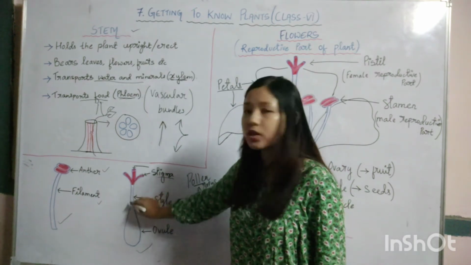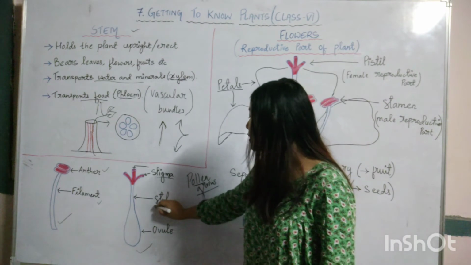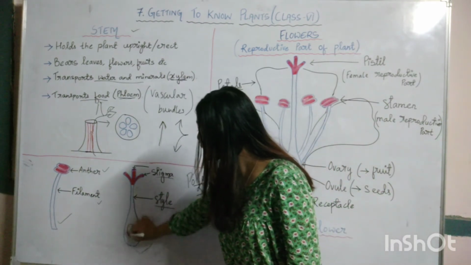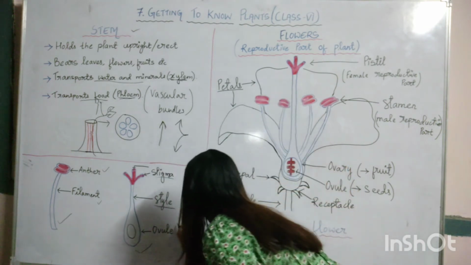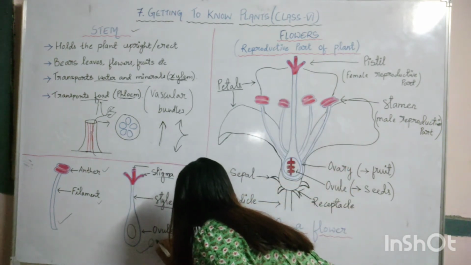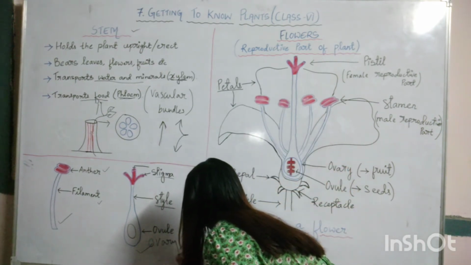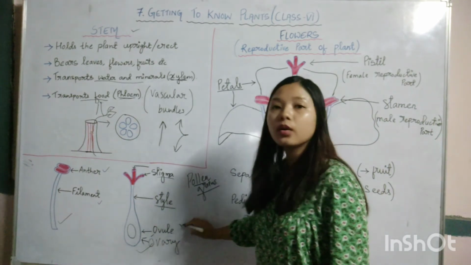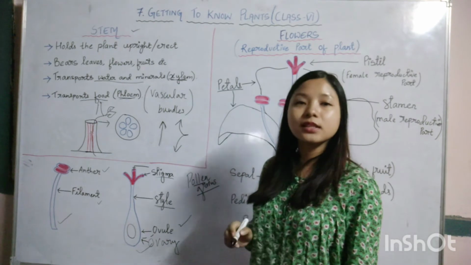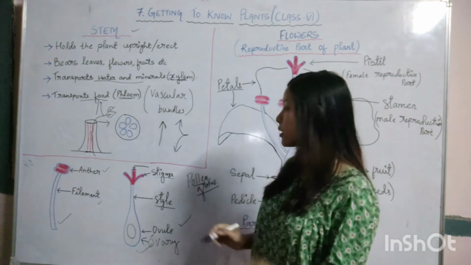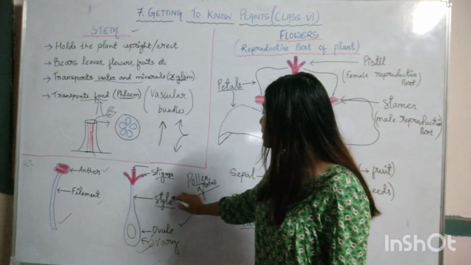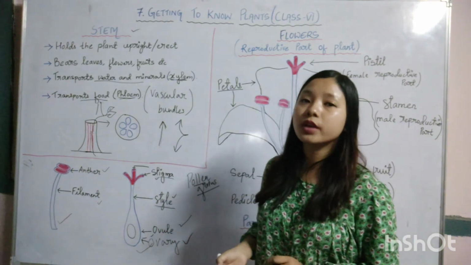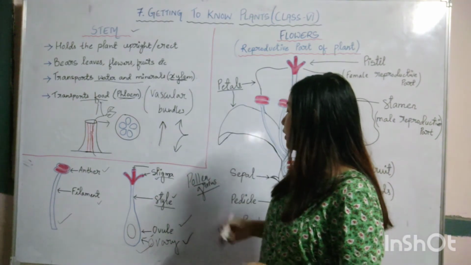The neck-like part you can see is known as the style. And at the bottom, this swollen part is known as the ovary. Inside the ovary, you are going to see ovules. So the pistil comprises three parts: stigma, style and ovary. And inside the ovary, you are going to find the ovule.